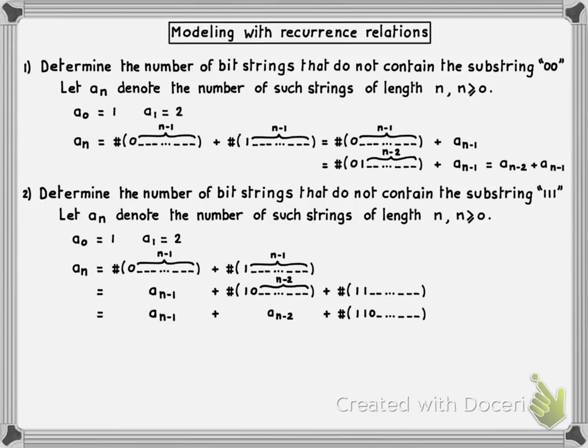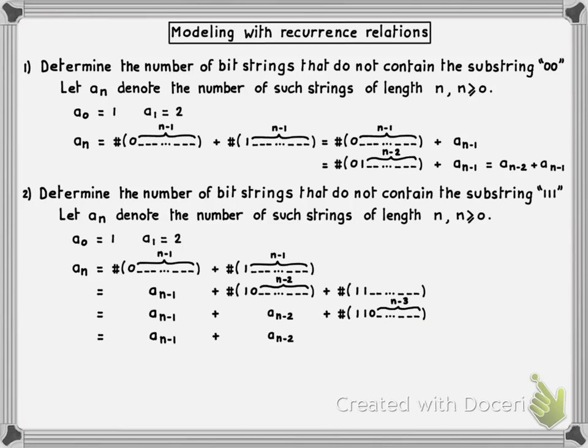And now we can probably compute this number more easily because notice we have a 0 here, and this 0 cannot participate in the 111 pattern. Therefore, this number is equal to what? It's equal to the total number of strings of length, whatever that is. Well, that's n minus 3.